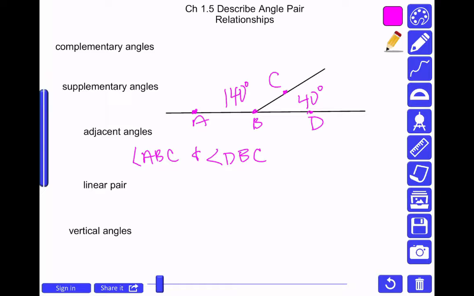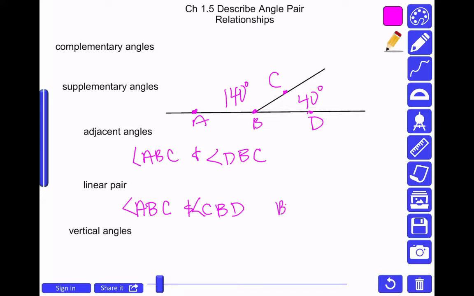A linear pair are two angles that are supplementary and adjacent. Supplementary and adjacent. So angles ABC and angle CBD are a linear pair. And the actual definition is that their non-common sides are opposite rays.